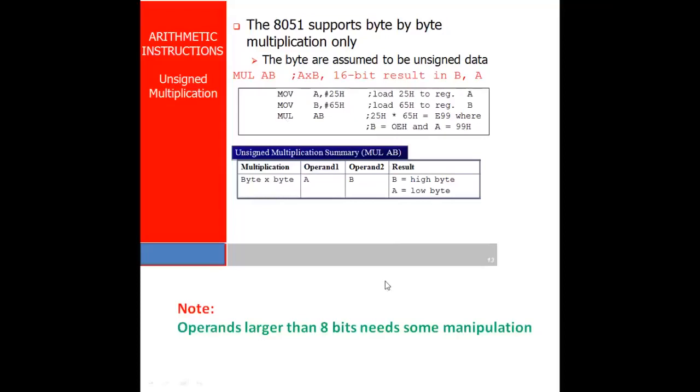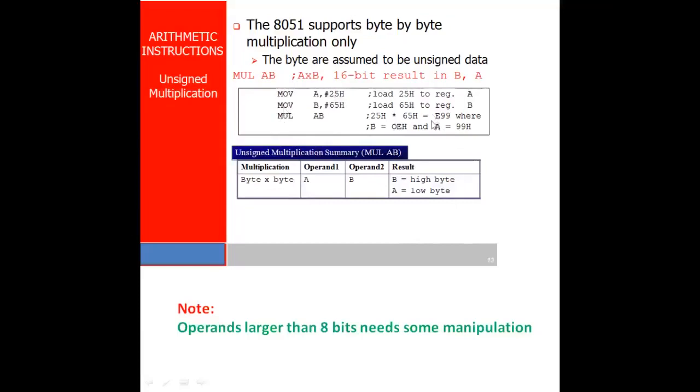Now where will the result be stored? The higher byte of the result will be stored inside register B, and the lower byte of the result will be stored inside the accumulator. So the result will be 16 bits, divided into two registers in this way. Now take one example: MOV A, #25H. The 25H will be loaded inside the accumulator, then 65H will be loaded inside register B. Now if I execute the instruction MUL AB, then what will be the result?